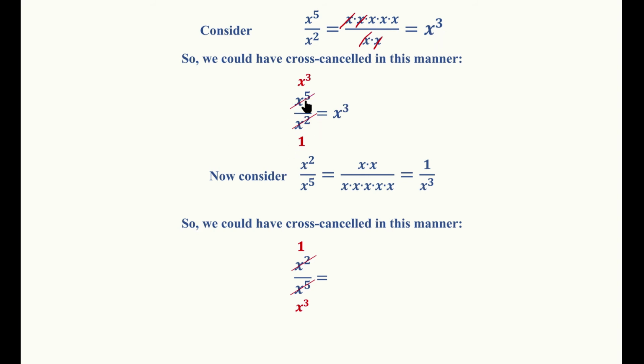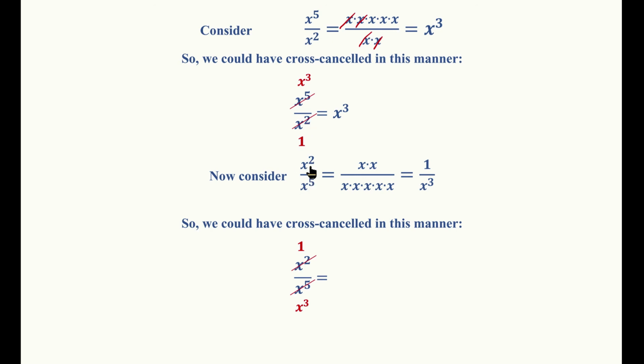We could have kind of crossed out the x to the 5 and said x squared goes into x to the 5 x cubed times, and it goes into itself 1 time. So the result would have been x cubed. This is what we mean by cross-canceling same base powers with positive exponents.